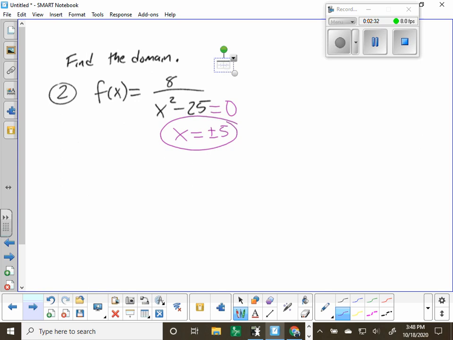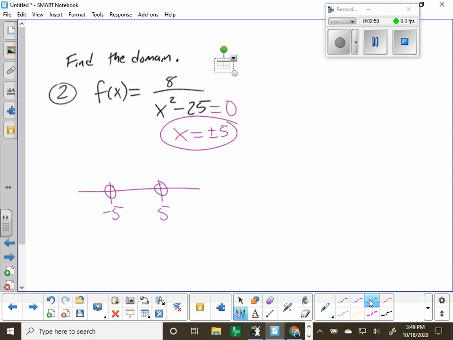So I'm going to think number line here. I'm going to put negative 5 on the number line in an open circle because it cannot be negative 5. I'm going to put 5 on the number line, put an open circle, and it can't be positive 5. But what about all the numbers in between those and outside of those? Well, if I put in large numbers like 10, 20, 30, that would be okay, wouldn't it?